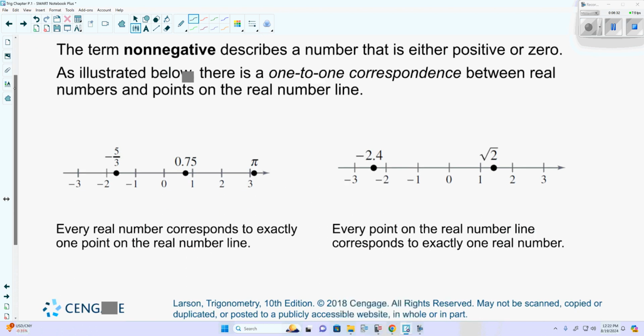The term non-negative describes a number that is either positive or 0. As illustrated, there's a 1-to-1 correspondence between real numbers and points on the number line. Every point on the number line corresponds to exactly one real number. So we have rational, irrational, integers, natural numbers, whole numbers. All of them are contained on the number line.